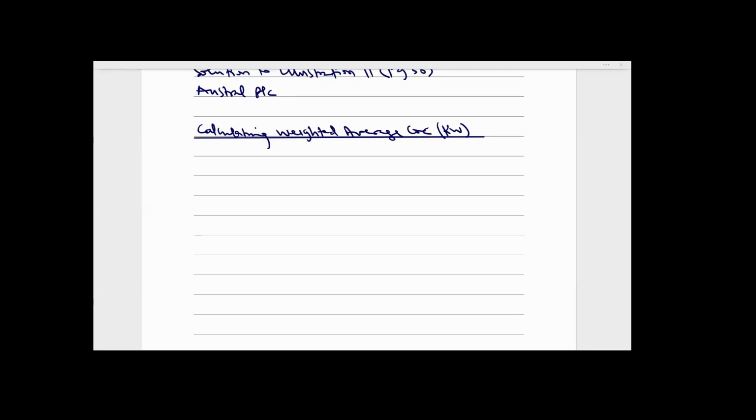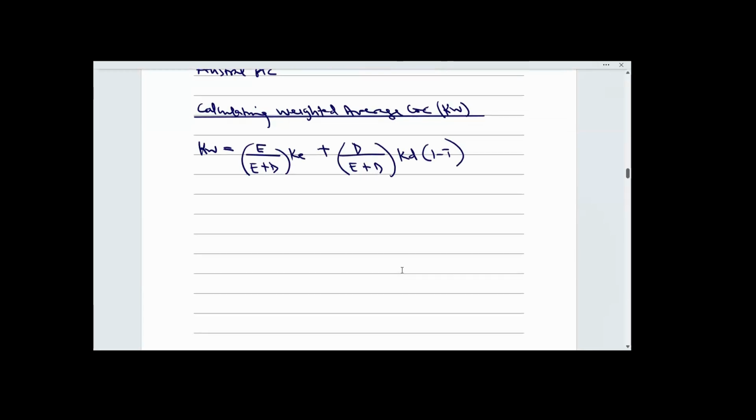So my formula to calculate WACC will be equal to equity value divided by equity plus debt value, multiplied by cost of equity, plus debt value divided by equity plus debt, multiplied by cost of debt, 1 minus tax. This is the formula that we are going to use to calculate the WACC.